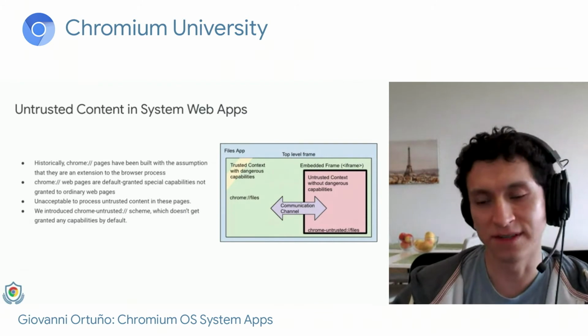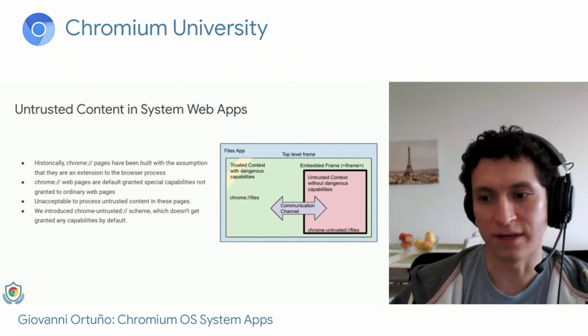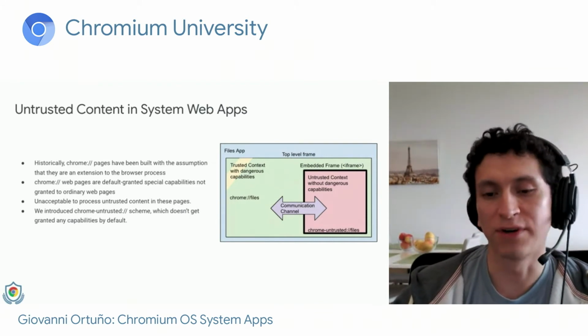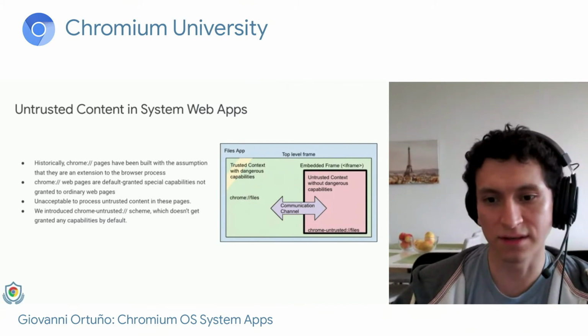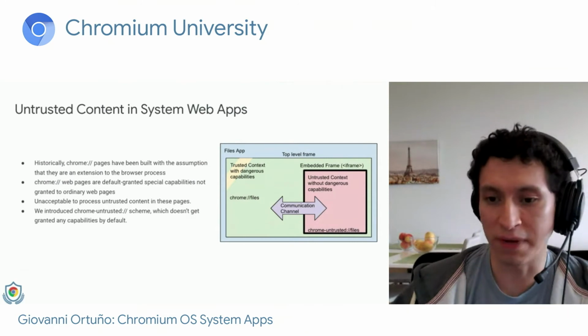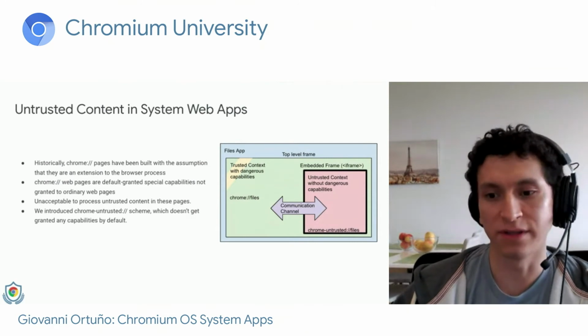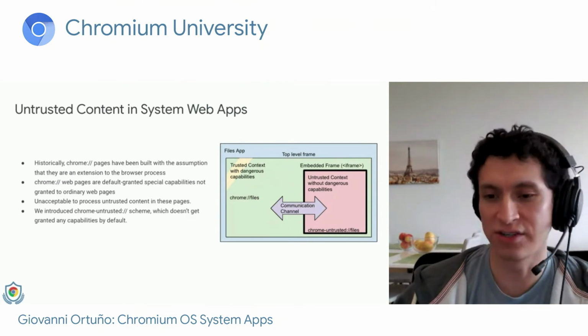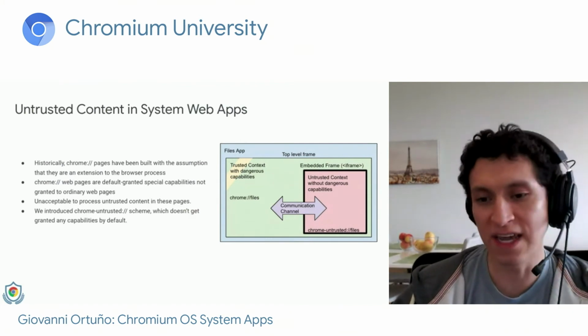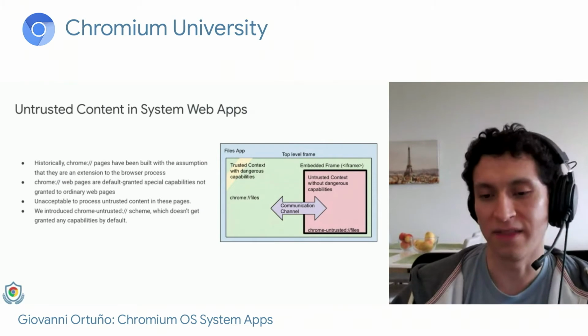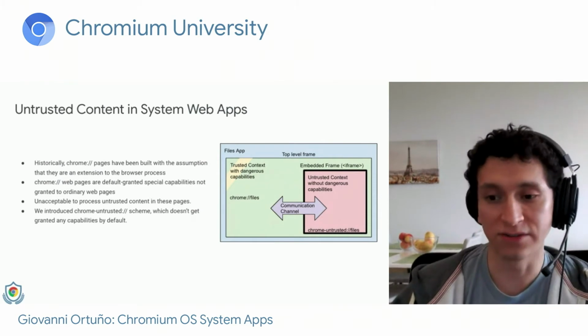The last part of system web apps is processing untrusted content. As I mentioned before, Chrome pages were built with the assumption that they were like an extension to the browser process. So they were very highly privileged. They had access to any APIs that they wanted. They get default granted a lot of extra capabilities.